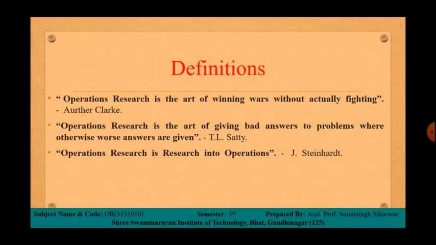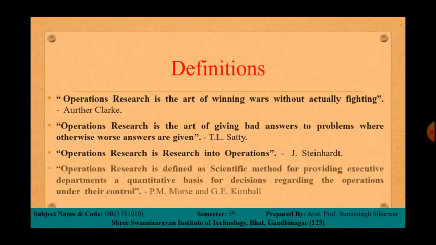Another definition given by P.M. Morse and G.E. Kimball is that operations research is defined as a scientific method for providing executive departments a quantitative basis for decisions regarding the operations under their control.